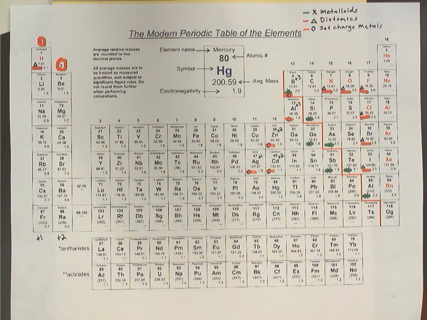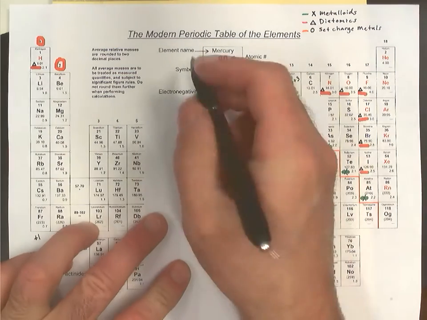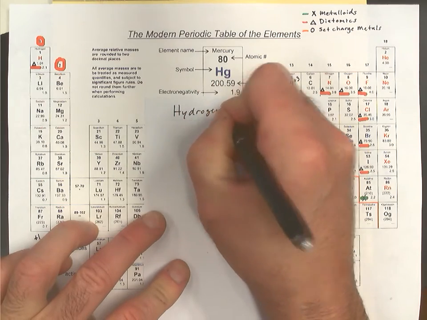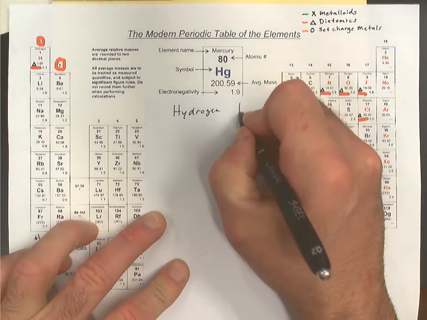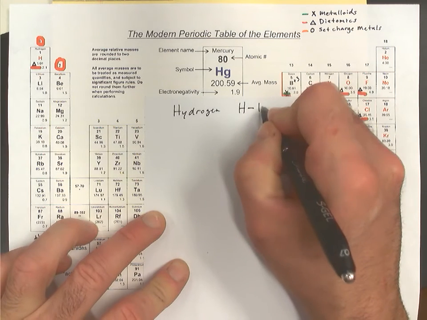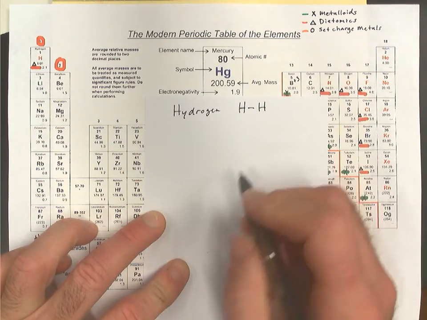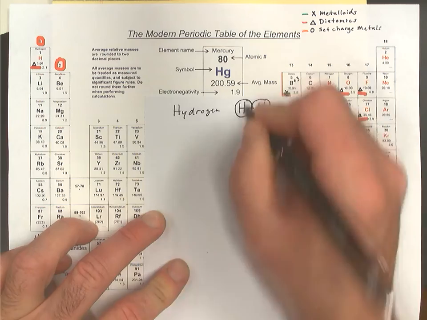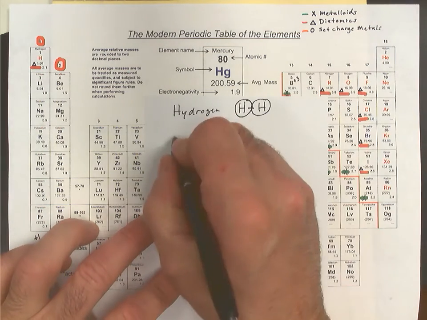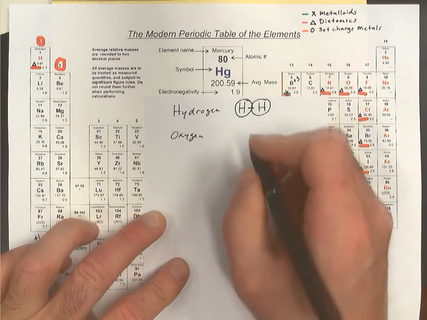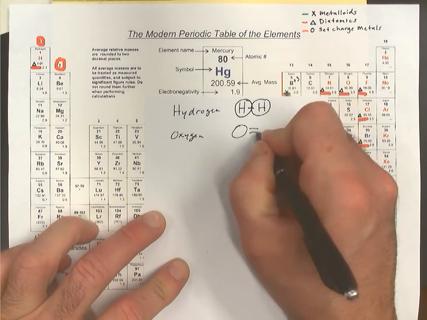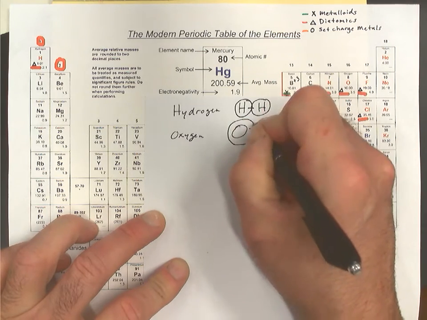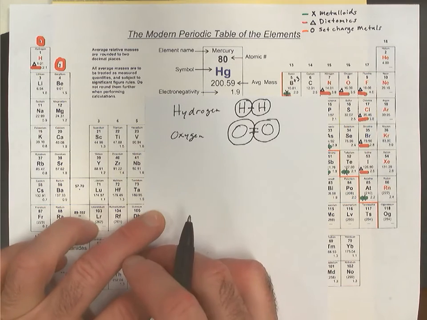And diatomic elements are elements that bond to themselves. So anytime you have just elemental hydrogen, it actually exists as 2 hydrogens bonded together. Okay, it's 2 hydrogen atoms floating around in the environment together. Same thing with oxygen. Pure oxygen is 2 oxygens double bonded together, floating around through the environment that they're in.